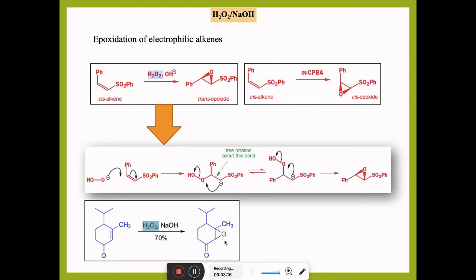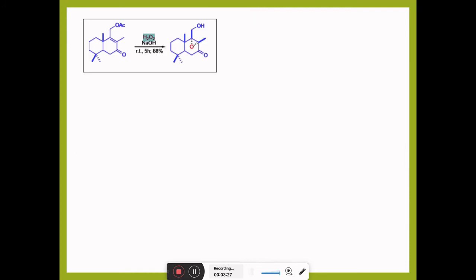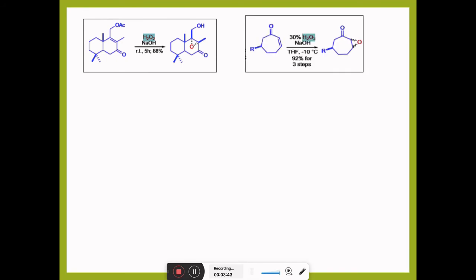So here you will observe the epoxidation of this double bond. Again in this case you have an alpha beta unsaturated carbonyl compound, so epoxidation will take place. Similarly, this is again there, and the oxidation will take place from the opposite side to that of these two groups or the substituents present on the double bond.